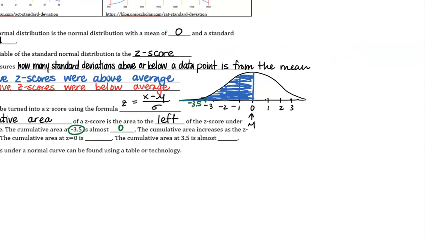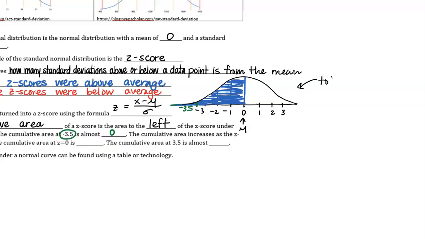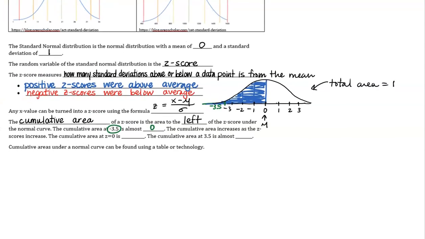And also remember, one very important thing is that the total area under this curve is 1. So if we're symmetric and the total area under this curve is 1, then at 0, the cumulative area is a half, 0.5. At 3.5, which is all the way out here, the cumulative area is almost 1. That's almost the entire curve.